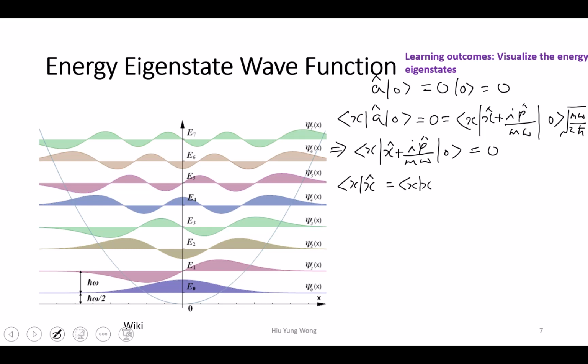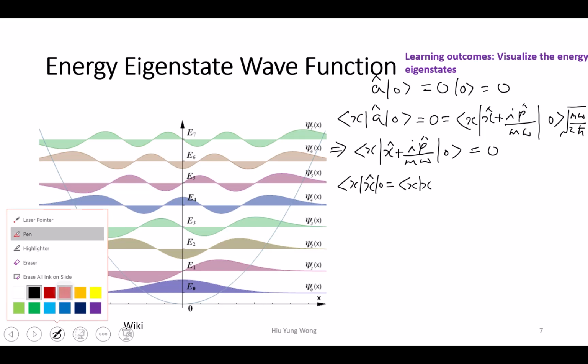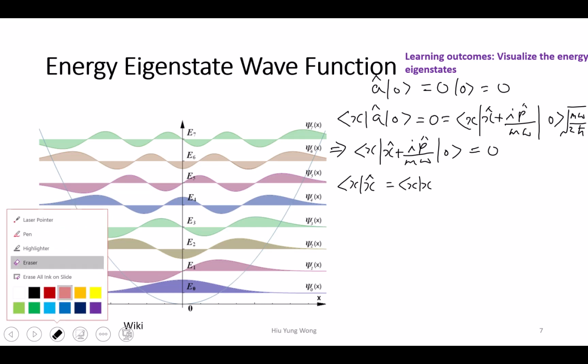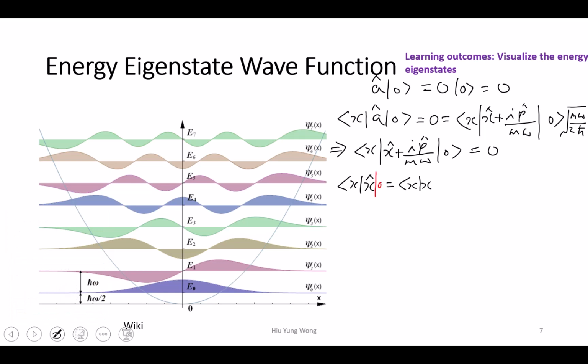It becomes a number. Okay? Now, if I also apply 0 to the right, then what do I get? I get x times the inner product of X with 0.